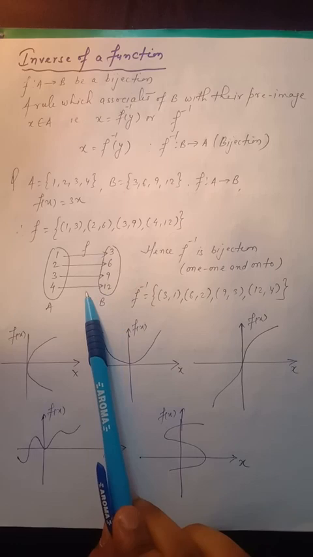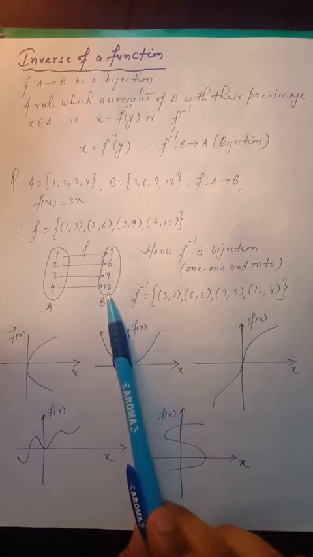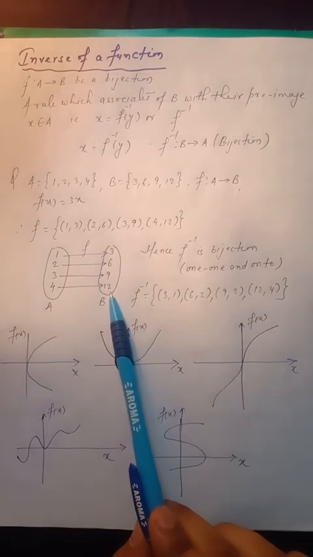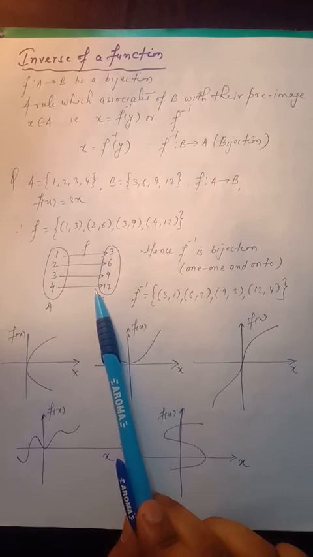So this is function f, and there are no two arrows, therefore this function is one-one, and no element is left in set B, therefore this function is onto. So the given function is an example of one-one onto, or it is a bijection.